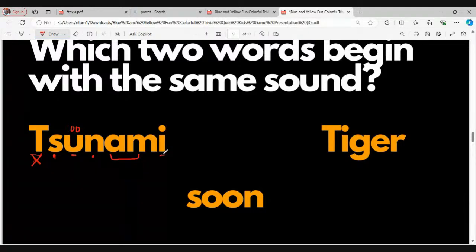However, a lot of us as English speakers, in certain words, make the sound closer to E. So the word is tsunami. However, a lot of native speakers will say tsunami. All right. So tsunami, tsunami.